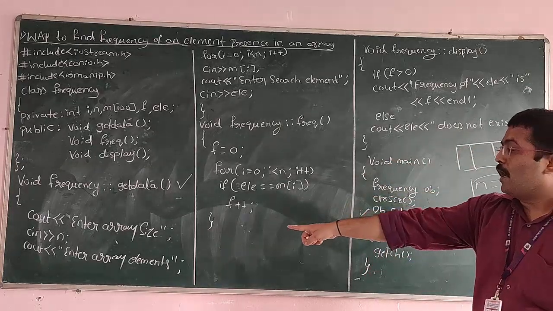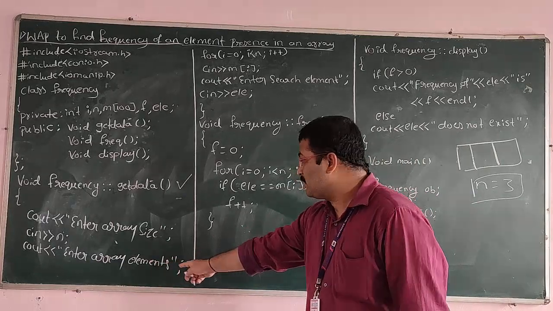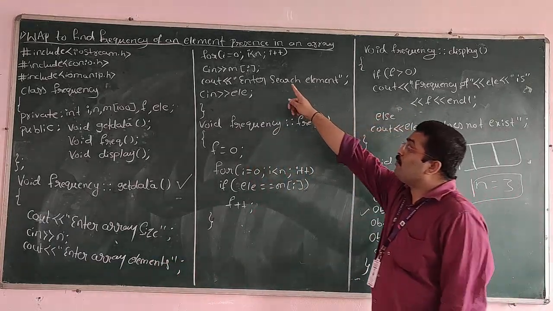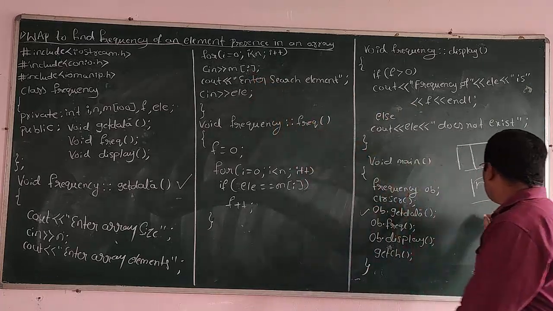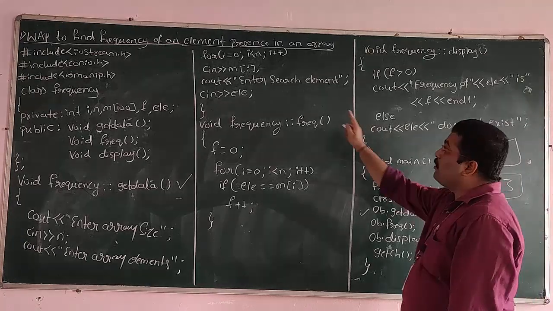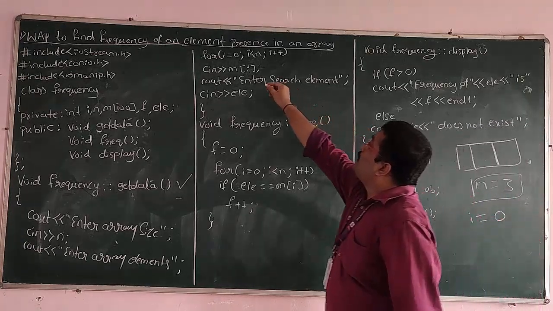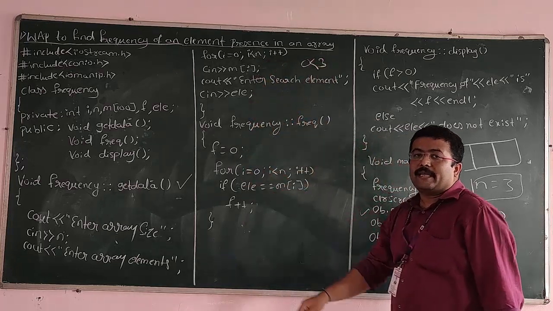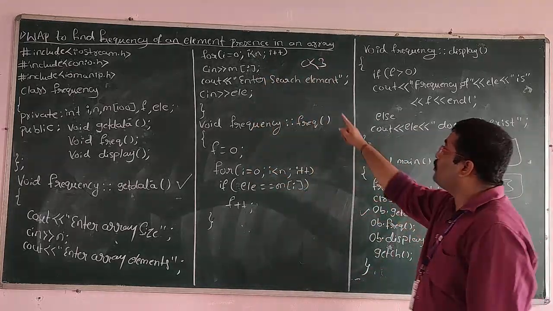Next, enter the array elements. For i equals 0, I am initializing the value as 0. Is 0 less than n, which is 3? Yes, the condition is true. Then cin, the input statement, m of i. This is my 0 index, m of 0, and I am inserting 10 as my input. Next, i gets incremented, 0 becomes 1. Is 1 less than 3? Yes, the condition is true.